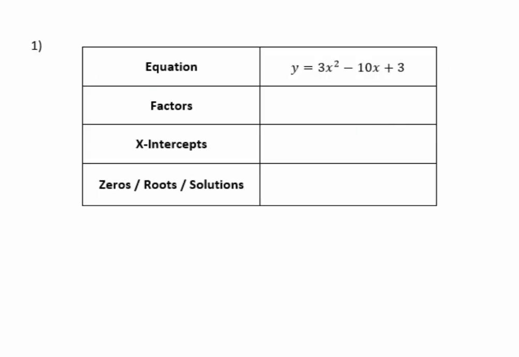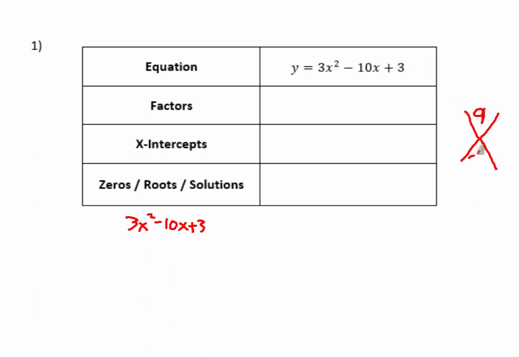So number one, we want to find the factors, x-intercepts, and solutions of this equation. So my first step, I've got to factor this thing. So to factor it, I've got 3x squared minus 10x plus 3. They don't have a greatest common factor, so I can go to my factoring tool. 3 times 3 is 9.